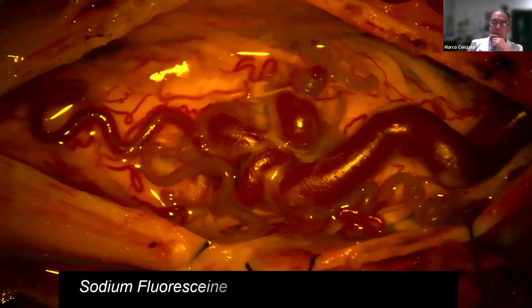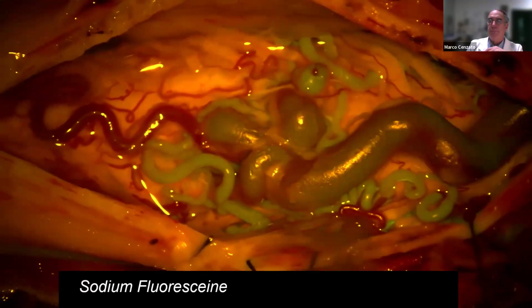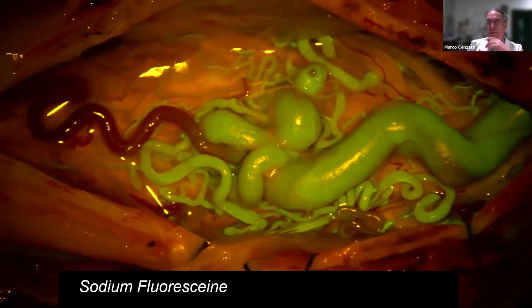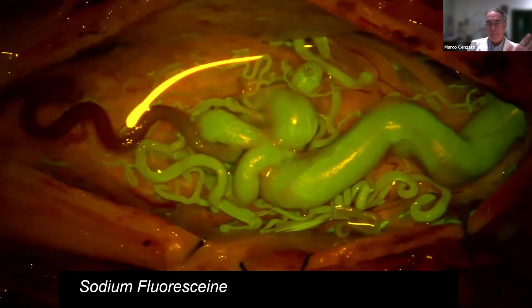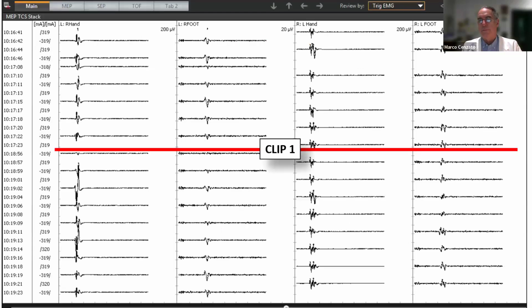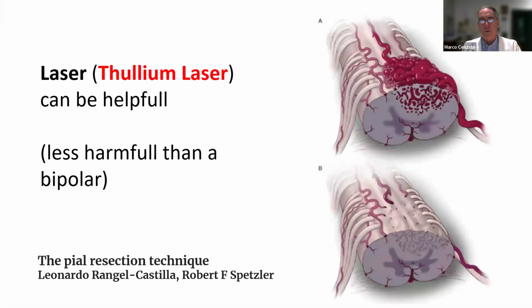What we did here was different. We decided not to enter in the spinal cord, but trap the AVM. Clipping all the vessels feeding the AVM, and then, of course, testing before coagulating.